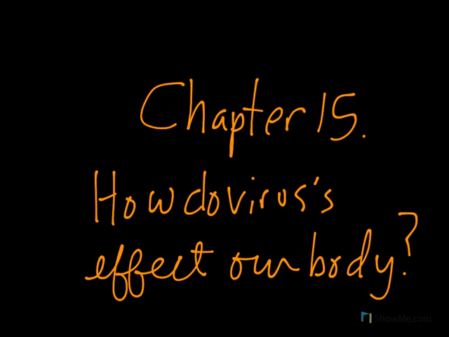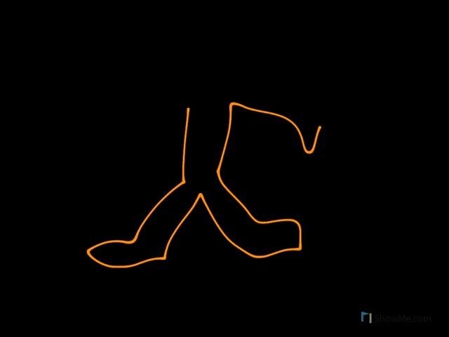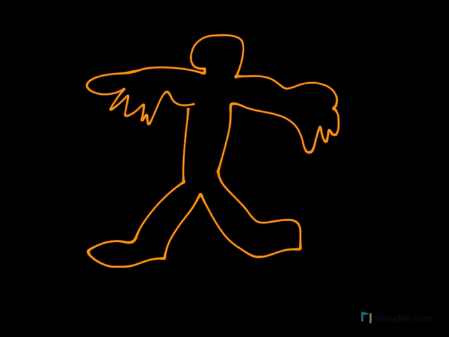Now, this is pretty cool, and the reason this is cool is we've talked about different parts of the body and the cells that are in different parts of the body. So if we start with that, you have a human body, with feet and hands and a head, fingers, eyes and nose, mouth, maybe a butt.